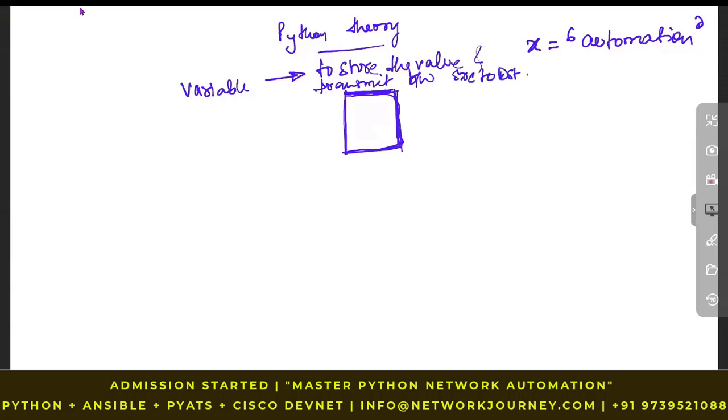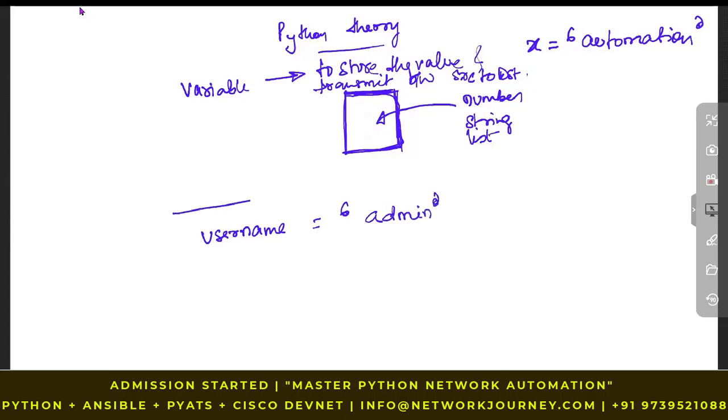Okay, so you can store any data in this variable. It can be numbers, it can be string, it can be list, right? Say if I write it this way, so what does this mean?